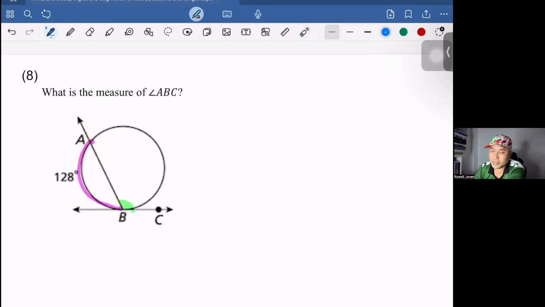So that's theorem 8. By theorem 8, I will assign another point here. Let's say this point here is point D. So the measure of angle ABD is just one half of its intercepted arc, which is arc AB.